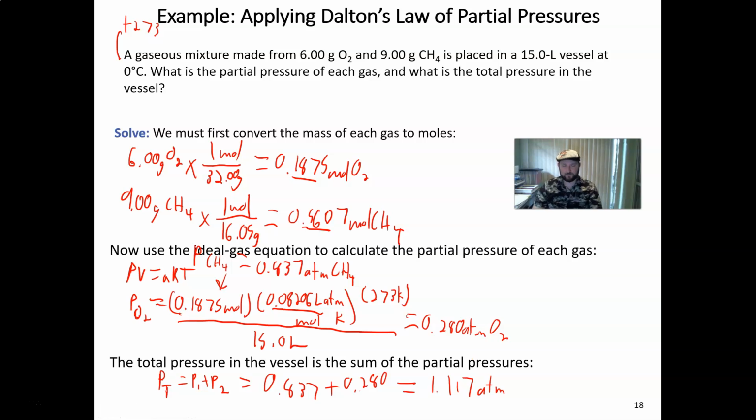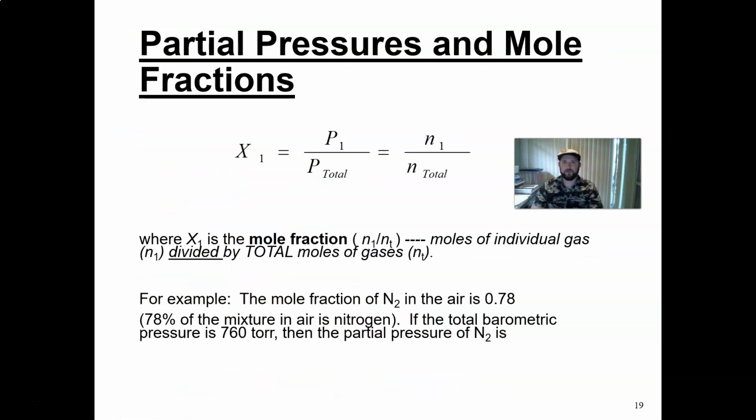Just that little last thing about the mole fractions. This is a really useful idea. If you have a ratio of the pressure for a particular gas, say in our last example, the pressure for O2 over the pressure for total, that ratio would be the same as the ratio of the moles of O2 over the moles total, which is nice. These mole fractions essentially give us the same value.